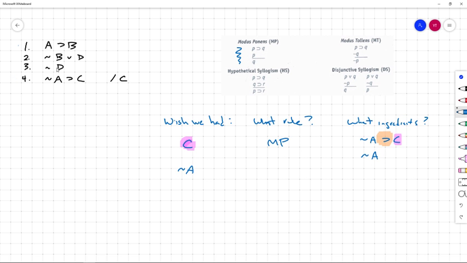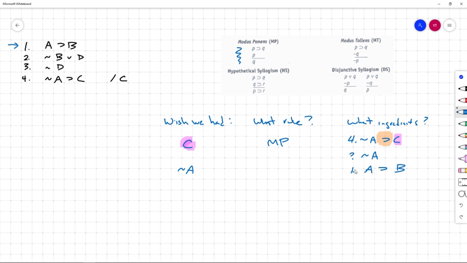So you take a look at what we've got so far, and it's not going to be anything from line 4, because we are using not A with line 4. Well, line 1 is the only other line to look at at this point. We don't have not A, but it's the only other occurrence of A in the proof so far.